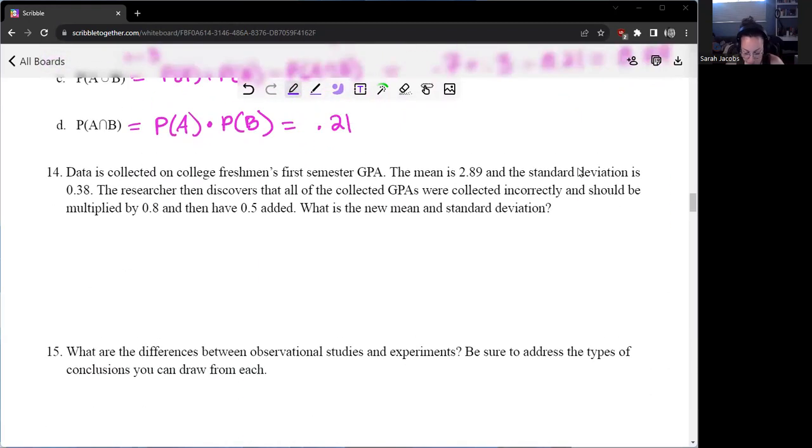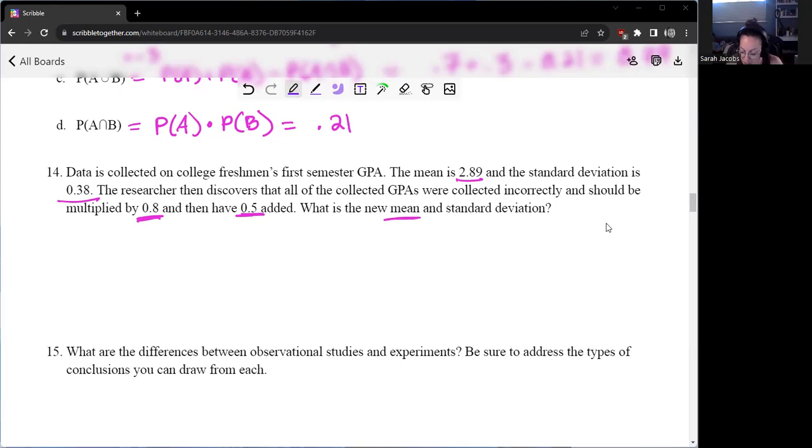Number 14. Data is collected on a college freshman's first semester GPA. And excuse me, the mean is 2.89 and the standard deviation is 0.38. The researcher then discovers that all of the collected GPAs were collected incorrectly and should be multiplied by 0.8 and have 0.5 added.